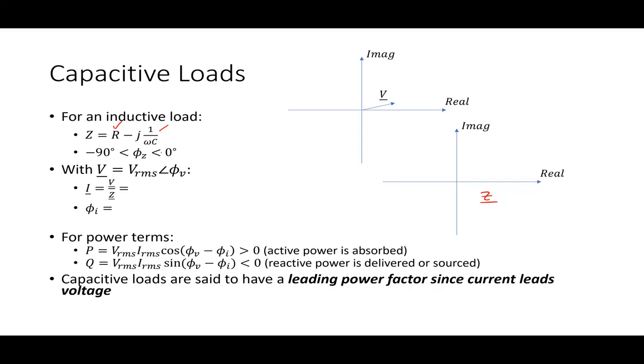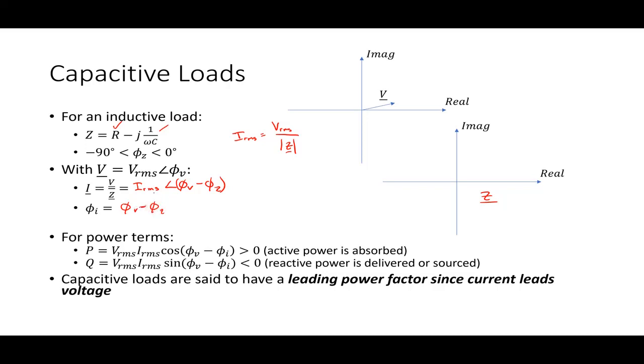My voltage has a phasor with magnitude V RMS and an angle phi V. Going through Ohm's law again, the magnitude of the current is I RMS, which is V RMS divided by the magnitude of Z, whatever that may be. The angle is the angle of the top minus the angle of the bottom: phi V minus phi Z.